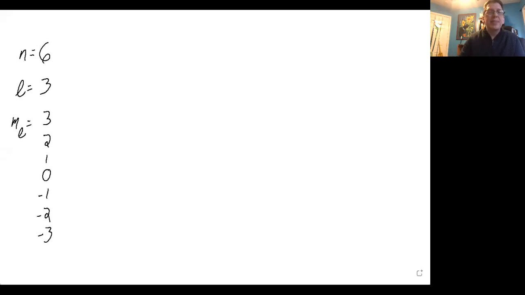So again, m sub L can be any number between negative L and positive L. So you have 7 possible values, and each of these values of m sub L has 2 substates corresponding to m sub S equals positive 1/2 and m sub S equals negative 1/2.